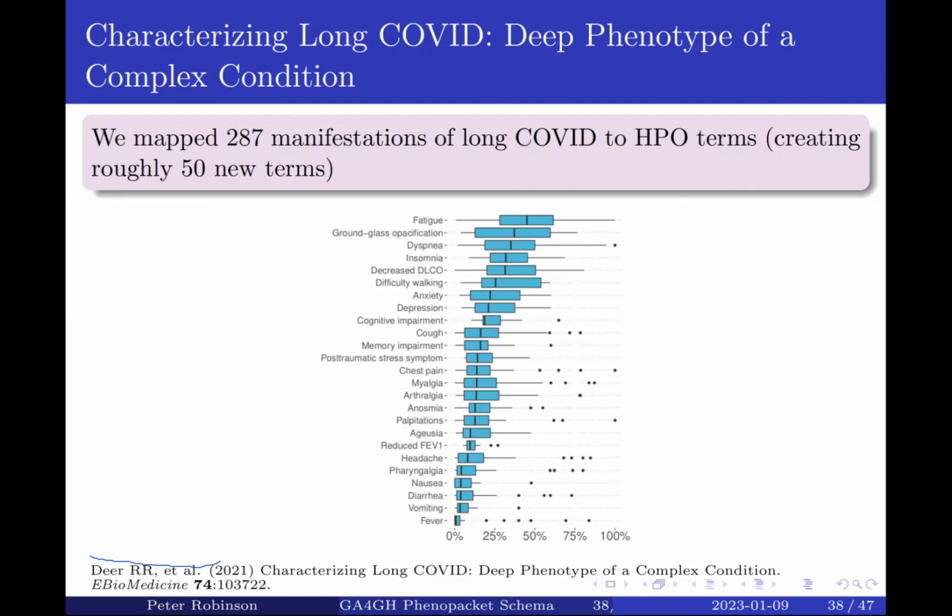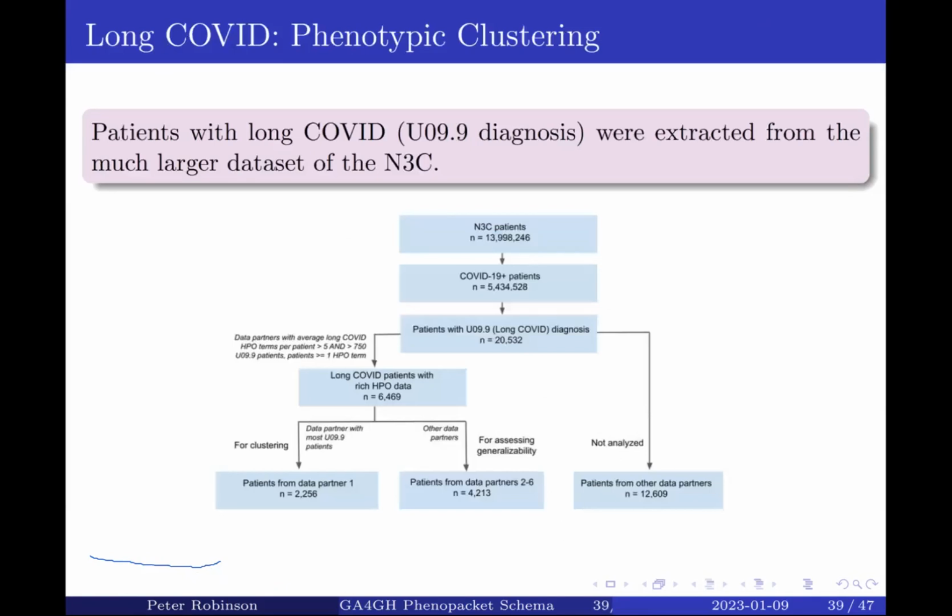And to do this, we first did a lot of curation. Basically, we read a ton of articles about long COVID and identified 200 manifestations that had been reported for long COVID and developed HPO terms for them. And this is the kind of thing that you can now do with this.